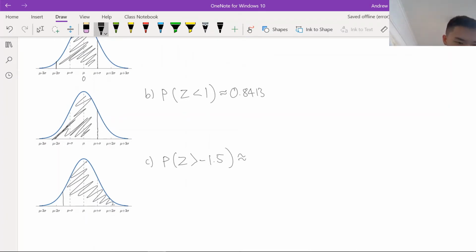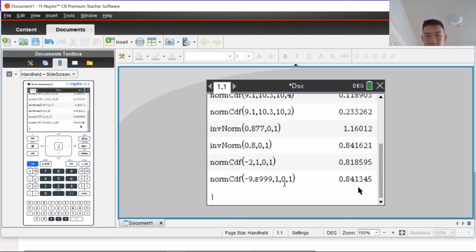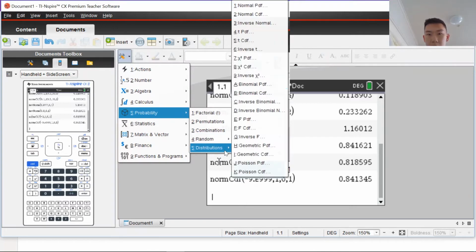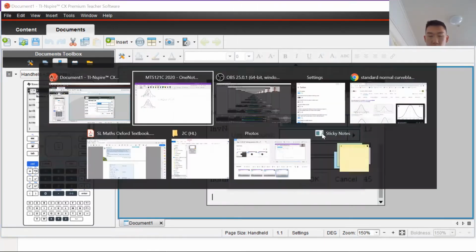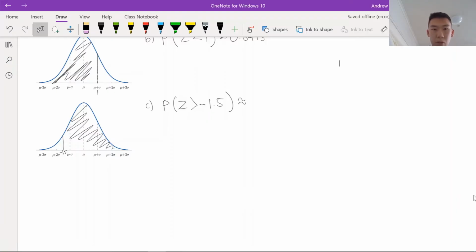So here's -1.5. Probably right now just put some numbers in here. That's 1. That's -2. Alright, let's go to the calculator. So this time we want our lower bound to be negative 1.5, and we want our upper bound to be a really, really large number. 0.9332.